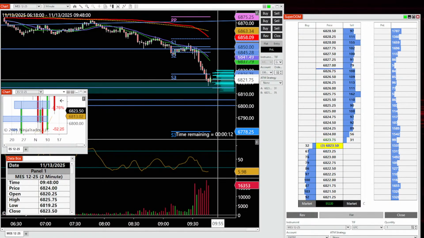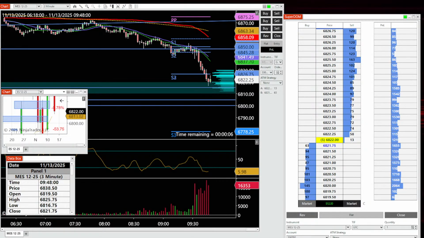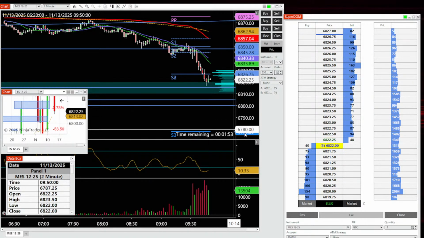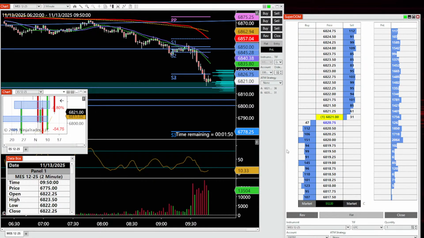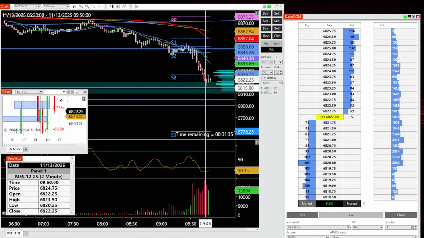Rejected at 25.75. Let's see how much consolidation it wants to give in here. 20 to 25.